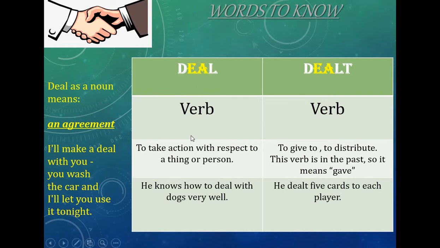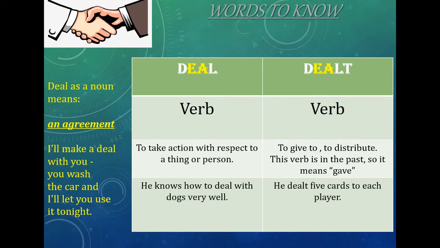But deal as a verb, it means when you take action with a person, like you know how to deal with this person or this thing or this animal. You know how to take action. For example, if you have a student in the classroom who is really harsh or really mean, you as a teacher know how to deal with him. So you can take an action.